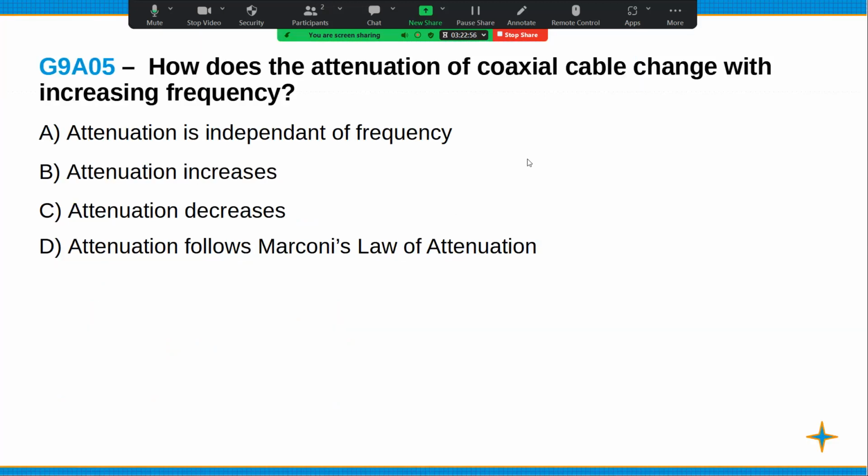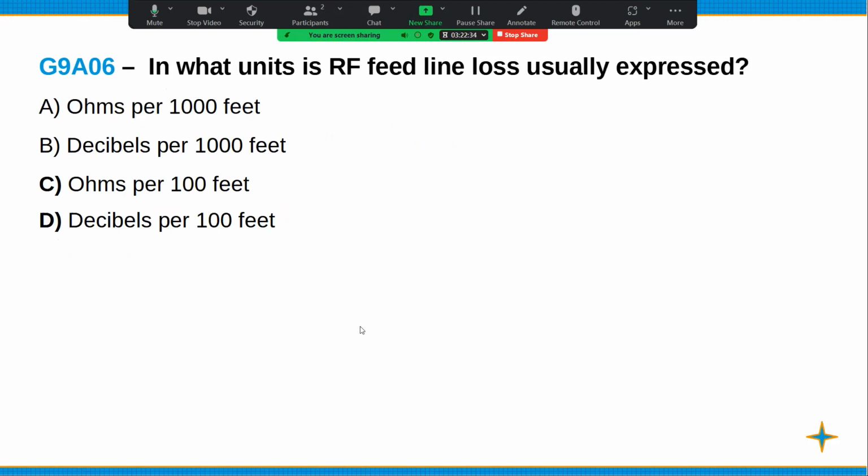How does the attenuation of coaxial cable change with increasing frequency? Okay. The attenuation increases. In what units is RF feed line loss usually expressed? Well, there's usually only one that's right.